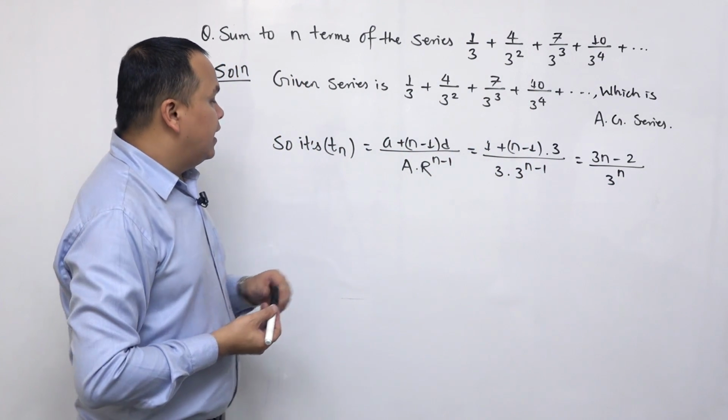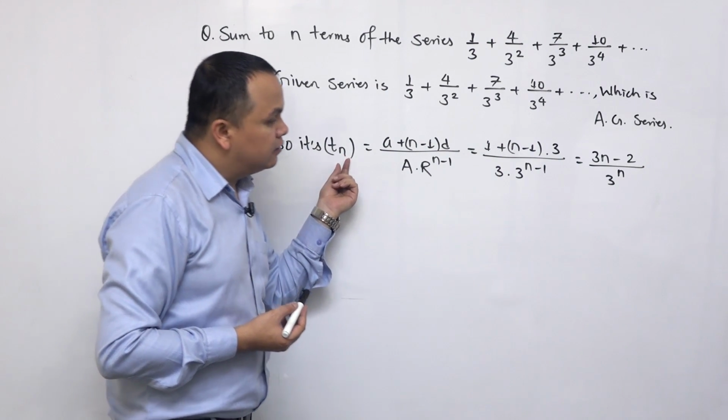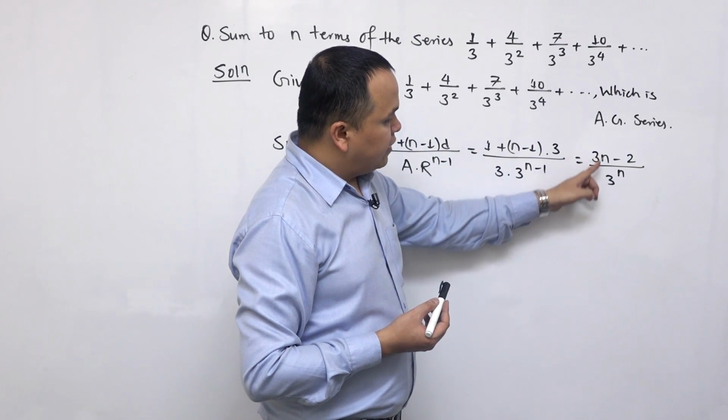If we put n equal to 1, then it gives 1/3.